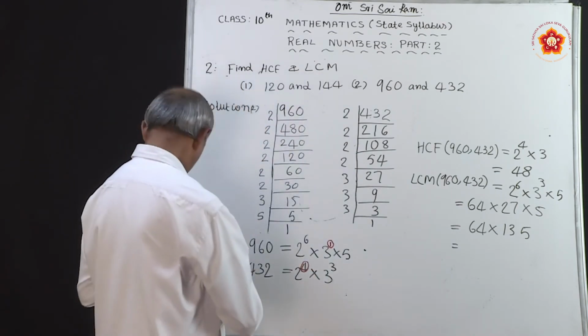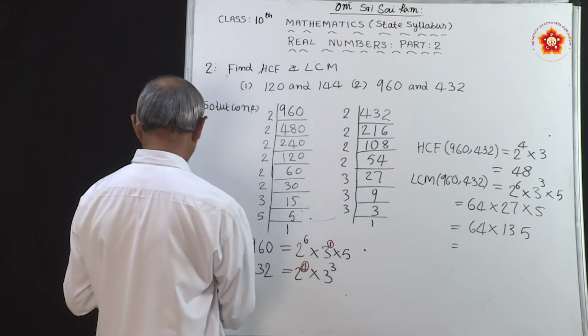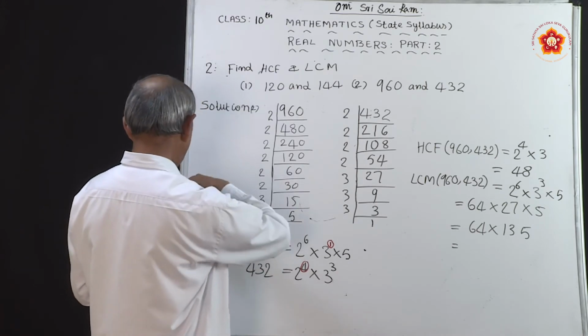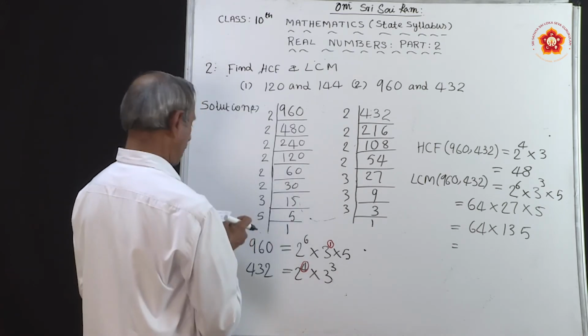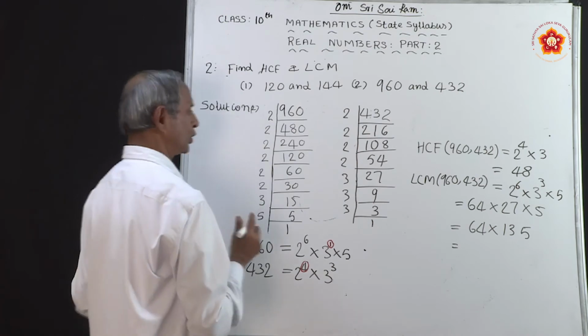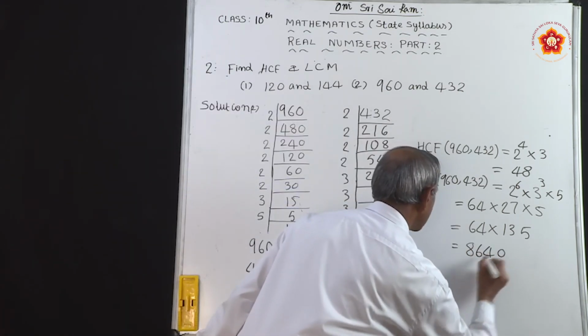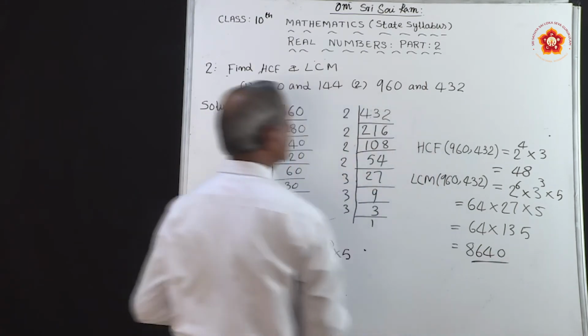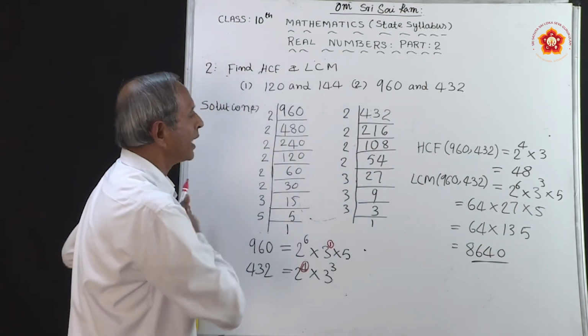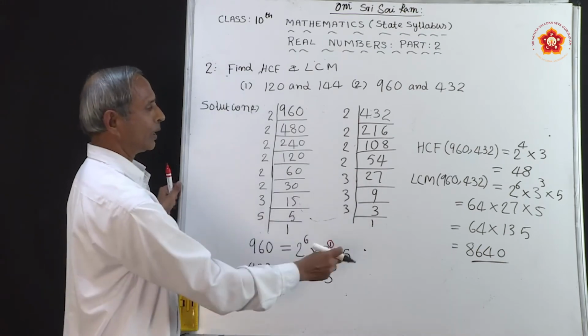Now, multiply and get the correct answer yourself. Now, we will get the answer as 8640. Now, this is the LCM of the given two numbers 960 and 432.